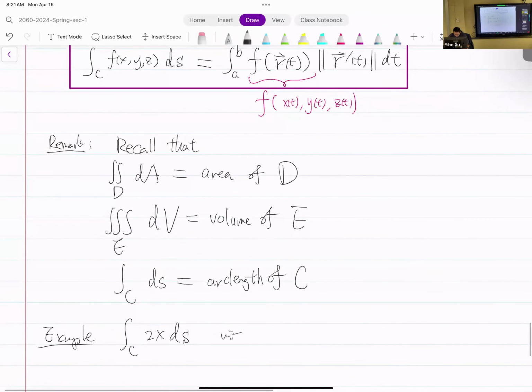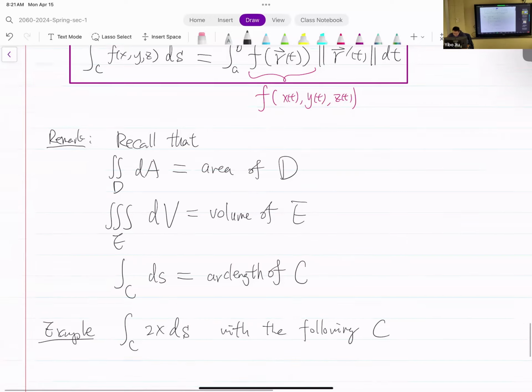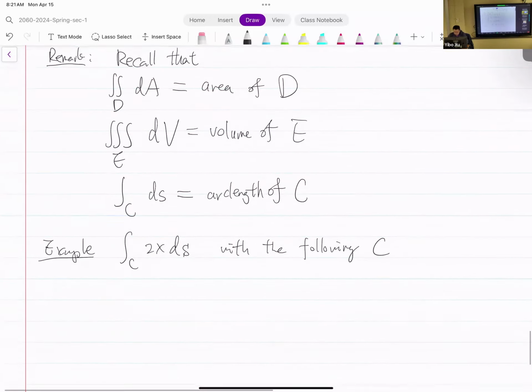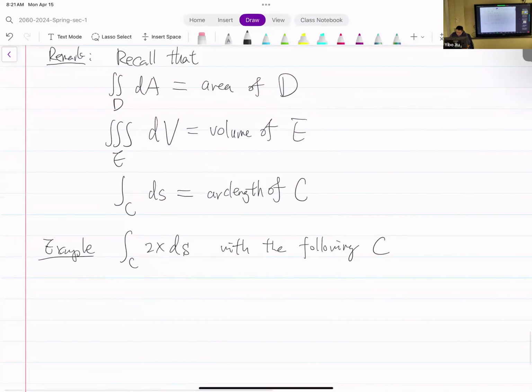And then we just need to specify the curve. It doesn't have to be smooth, it could be a piecewise curve. So the curve is defined by the picture below.